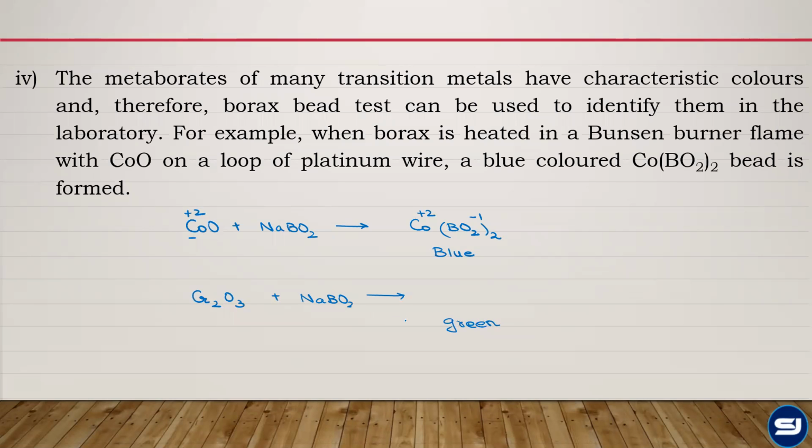तो ये पूछा जाता है कि the green color of the chromium bead is due to the formation of which compound? What would be the answer? Green color किसकी वजह से बना? What would be the name and the formula of the compound? The blue color is due to cobalt metaborate, so the green color in the chromium test would be due to chromium metaborate. Can you tell me the formula?